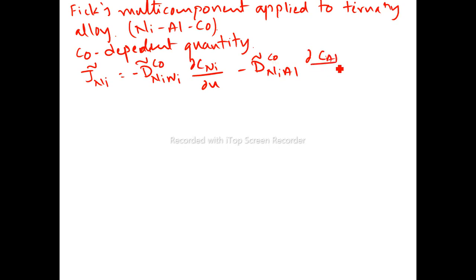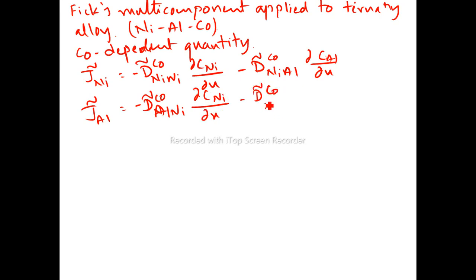∂c of aluminium into ∂x, and the flux of aluminium can be written similarly, with cobalt, aluminium, nickel, and the concentration gradient of aluminium.